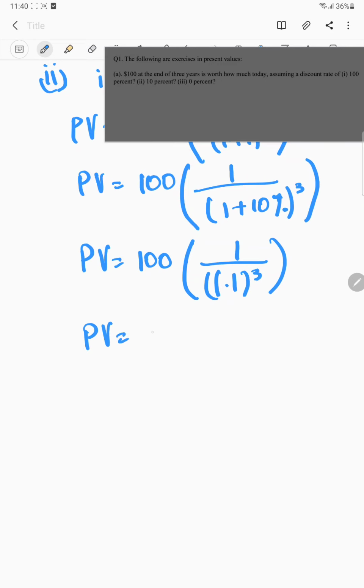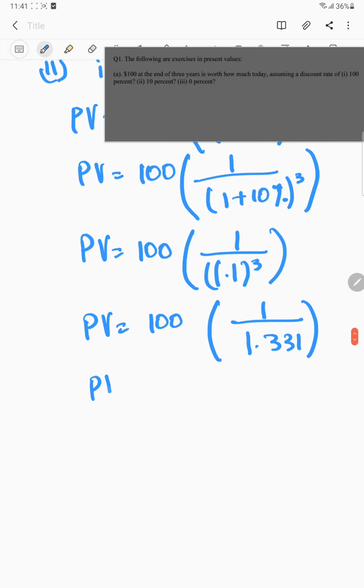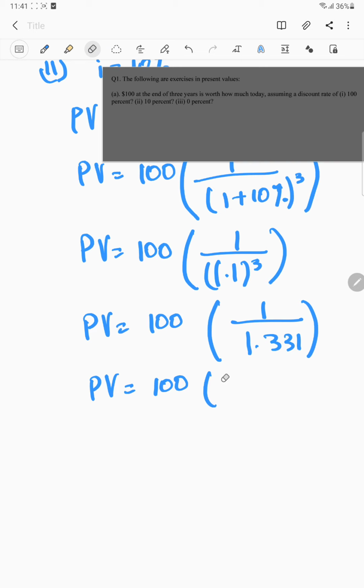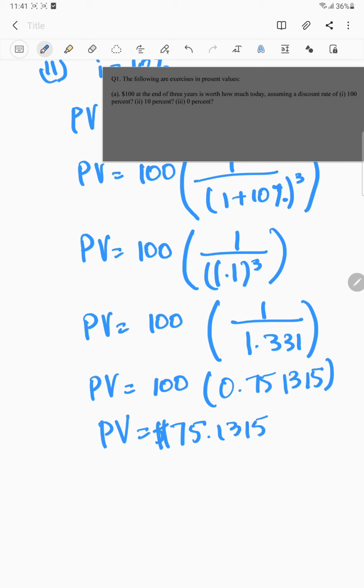So PV equals 100 times 1 upon 1.331. PV equals 100 times 0.751315. So PV equals $75.1315.